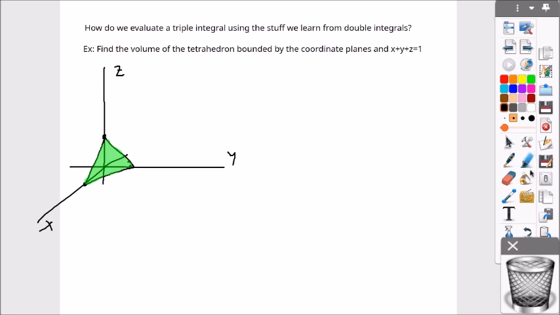So if you look at this thing right here, I can evaluate z simple. I can start from the bottom and then make slices going up. Start from the bottom and touch the plane. Touch the plane. I can evaluate z simple.